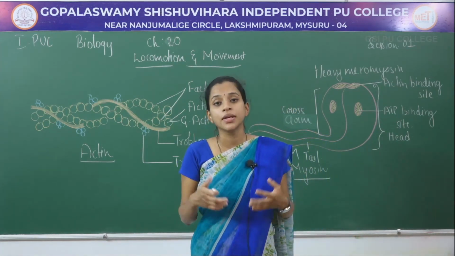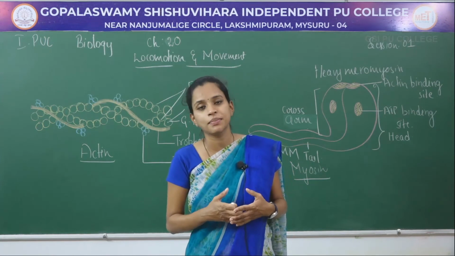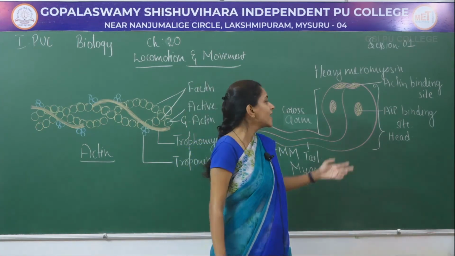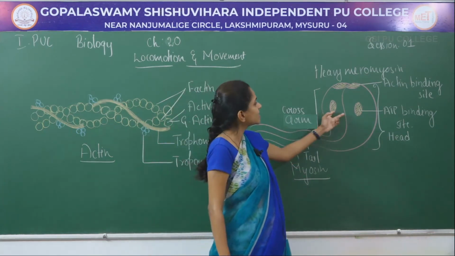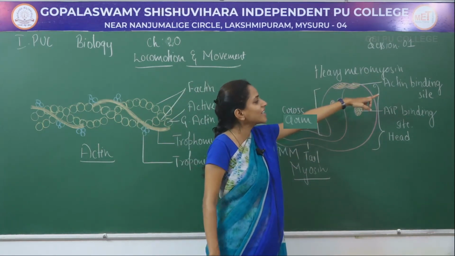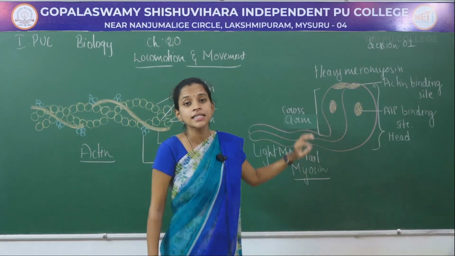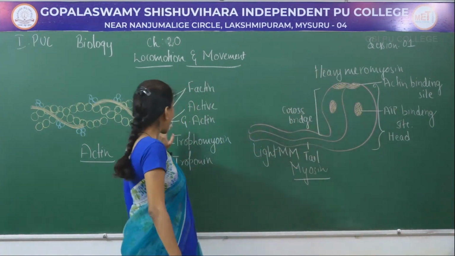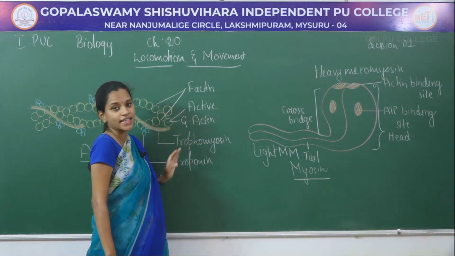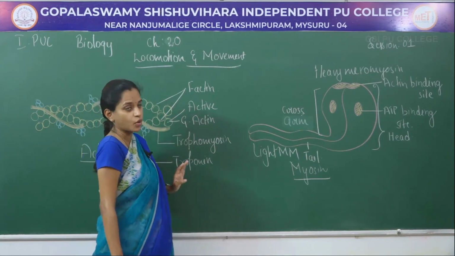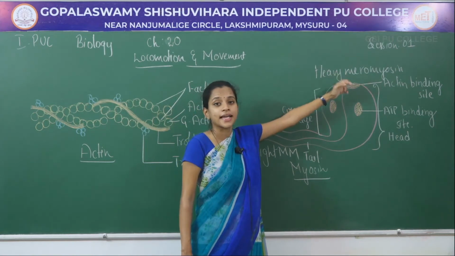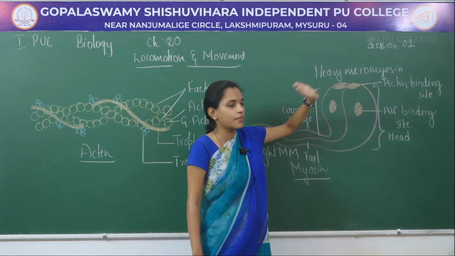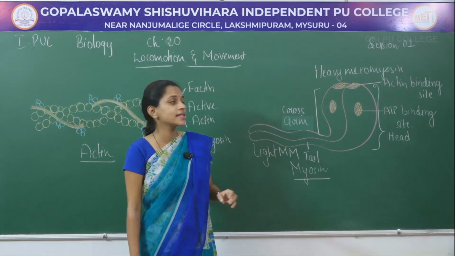ATP will be utilized and give out ADP plus inorganic phosphate, and the energy will be utilized during muscle contraction. Whereas at the head tip, they have the actin binding site. This is the region which binds with the active site of the G actin in the actin contractile protein during muscle contraction.